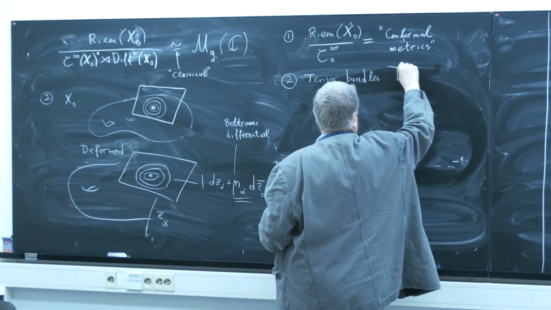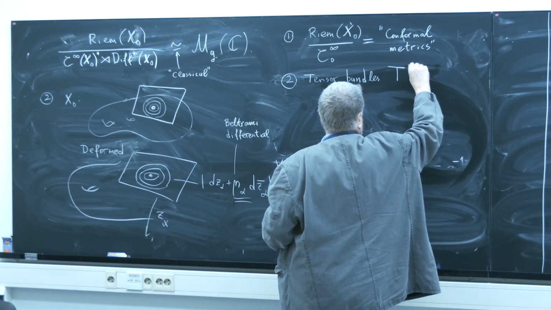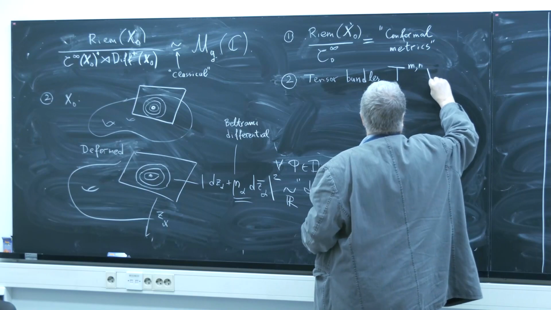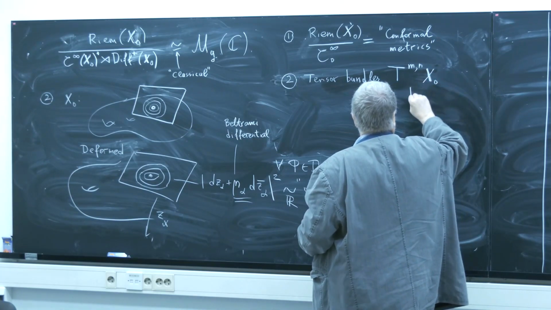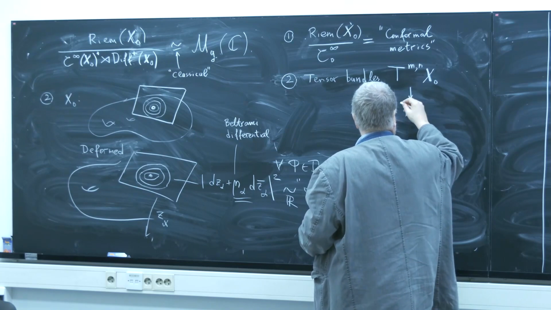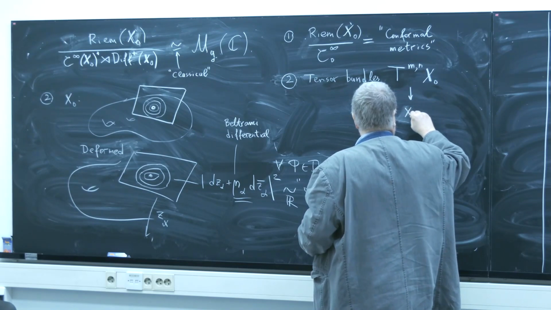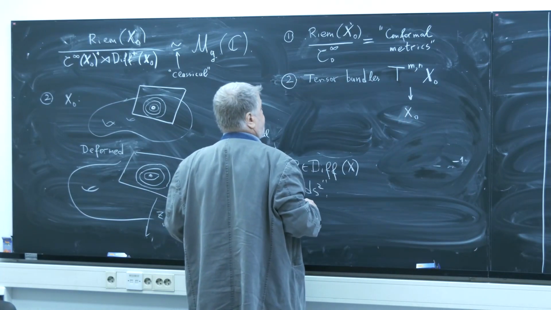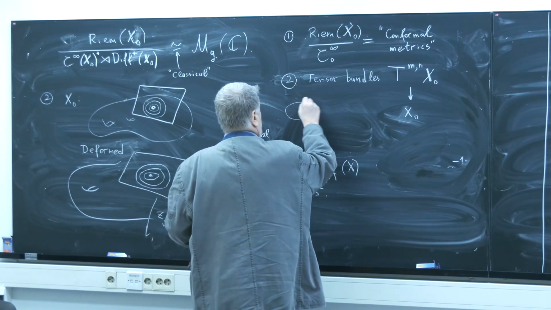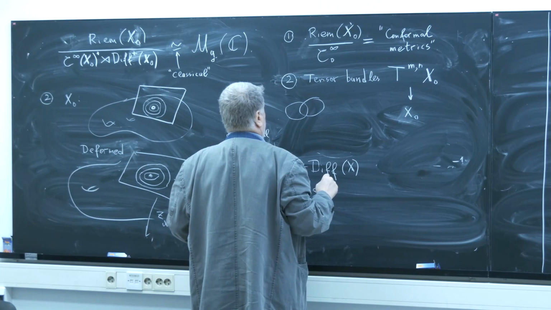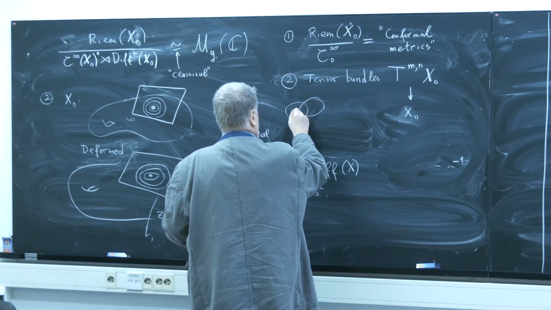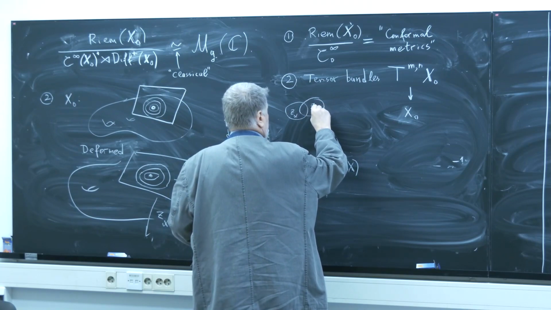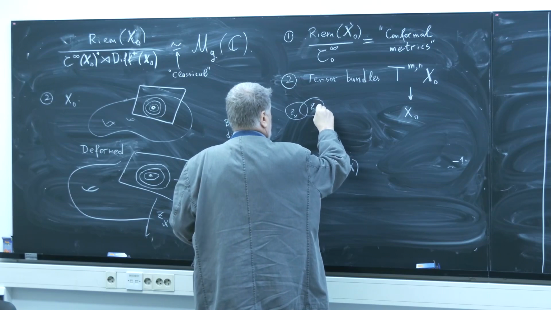T, M, N double indexed, over X, with the rule of substitution when we have it in z sub alpha and z sub beta.